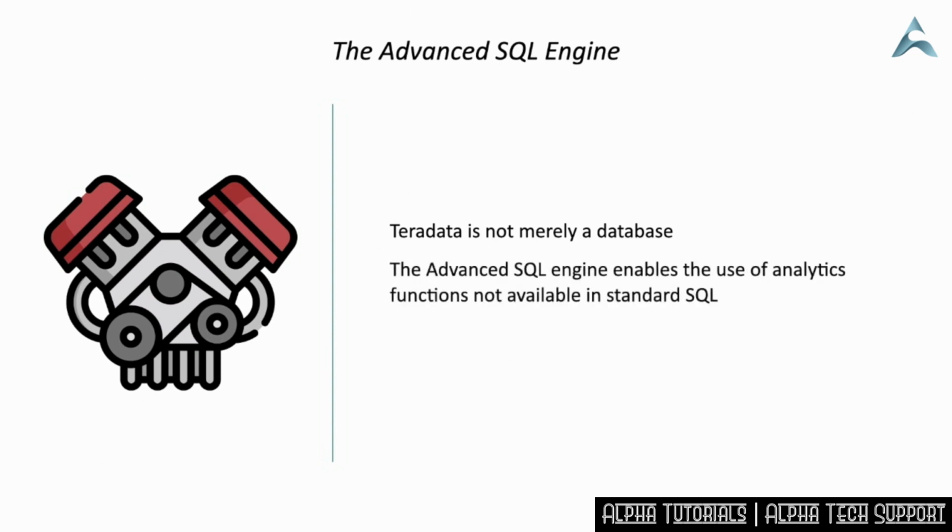And it is the analytics capabilities that are enabled by the advanced SQL engine. This not only allows SQL queries to be executed in the most efficient manner, it also supplies various functions that are not part of standard SQL. And much of these functions are to do with advanced statistics and machine learning.